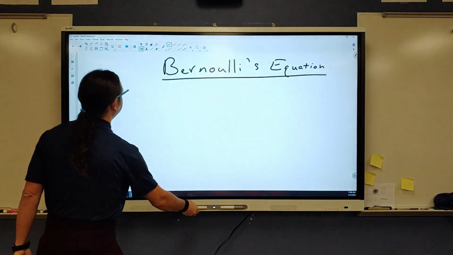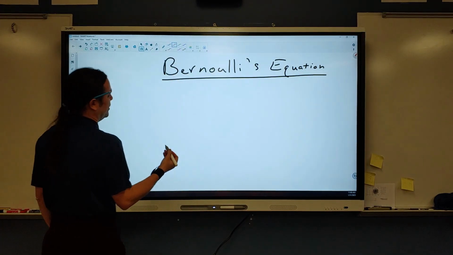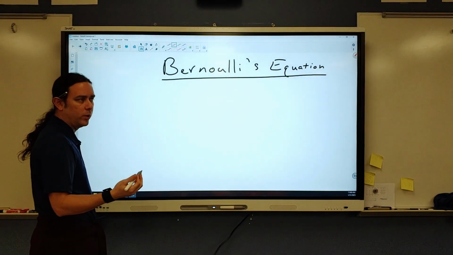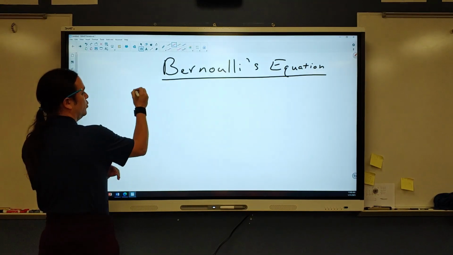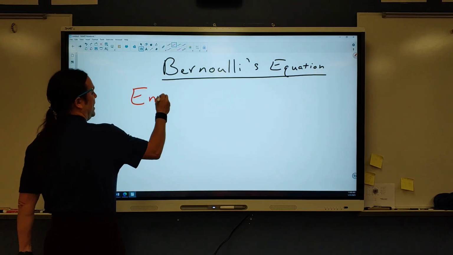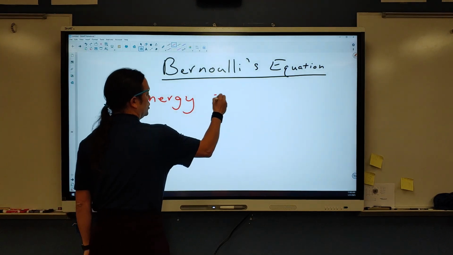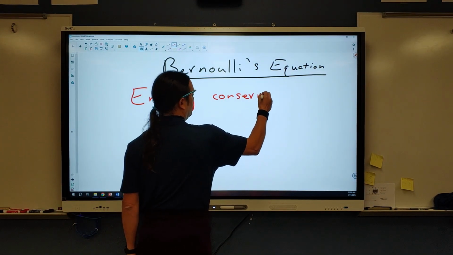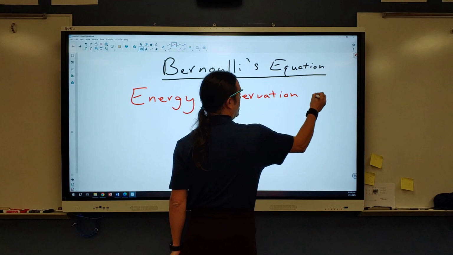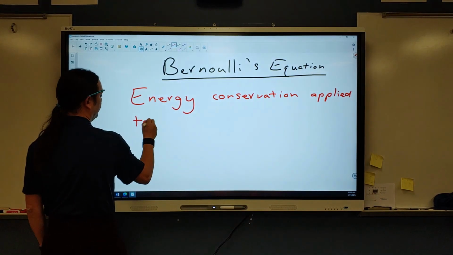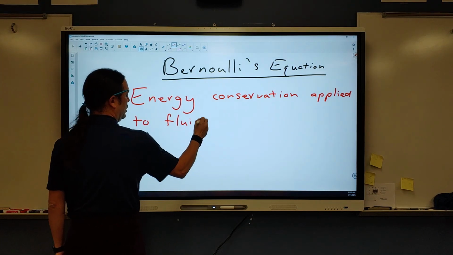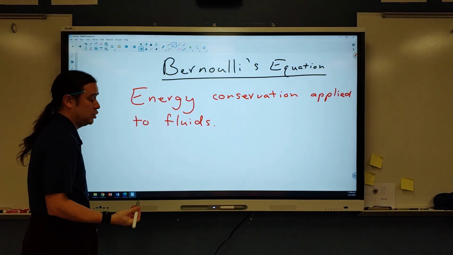While I'm certain there's a textbook definition for this, I'm going to summarize the best way to think about it. Broadly, Bernoulli's equation is energy conservation applied to fluids. That could be fluids in motion or even stationary fluids.